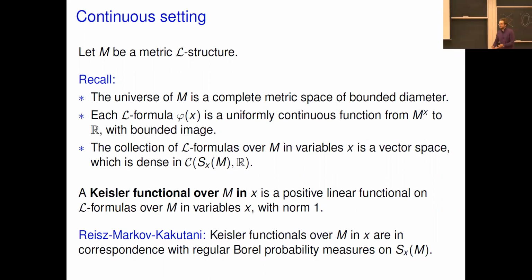They're going to disappear right now, but they're there underlying the machinery, because using results from analysis, you can have a correspondence between Keisler functionals on formulas and the usual familiar regular Borel probability measures on the type space. So we're going to talk again about Borel measures on the type space, not about functionals. So it will hopefully be a little bit more familiar for people who are only working in discrete logic, but they come from this object on the formulas in a similar way. Yeah.